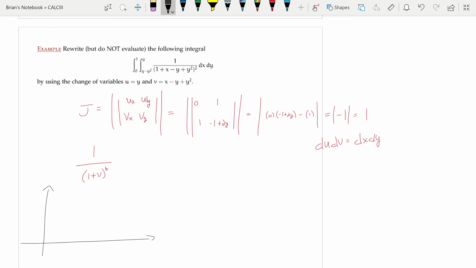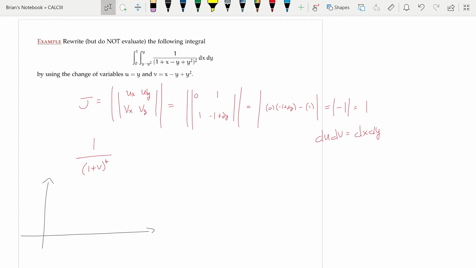We've got, let's see. So we're going from 0 to 1 in the y. And then we've got a line which is x is equal to y minus y squared. And that's basically a parabola on its side. It crosses through 1 and 0, just like that.